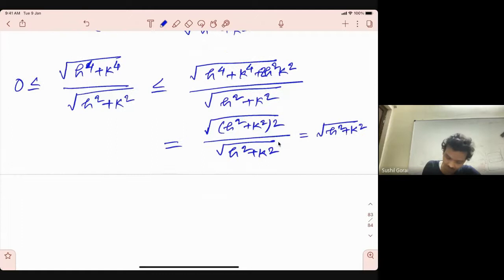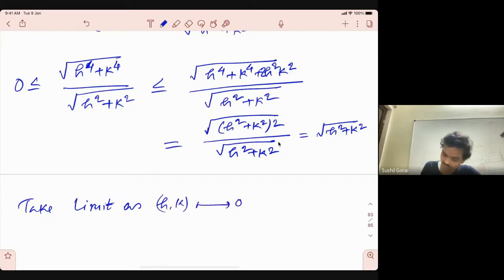Now take the limit on both sides, as (h,k) tends to 0.